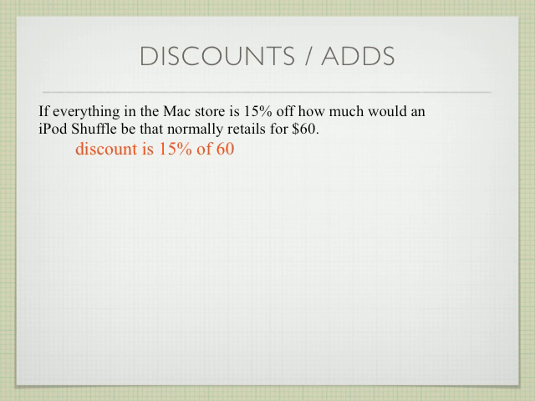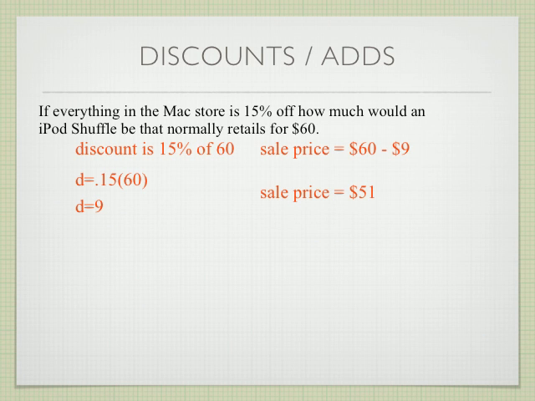Discount is 15% of 60. That makes sense in English, right? Okay, translating it to math, the discount D equals 15%, changed to 0.15. Percent of means multiply, so I have times 60. So the discount is $9, so my sale price would be $60 minus $9, which would be $51.